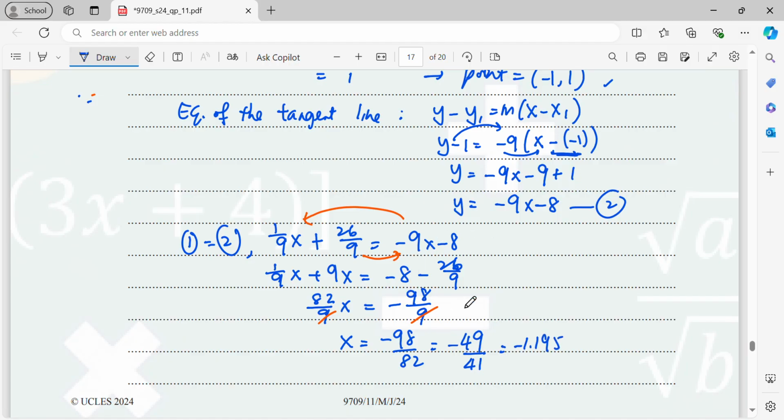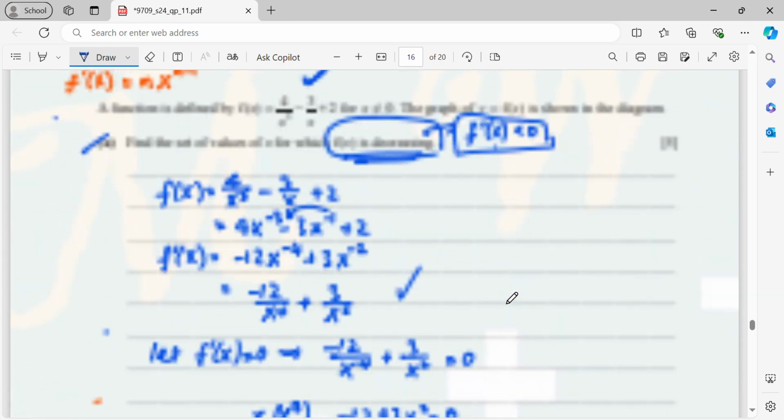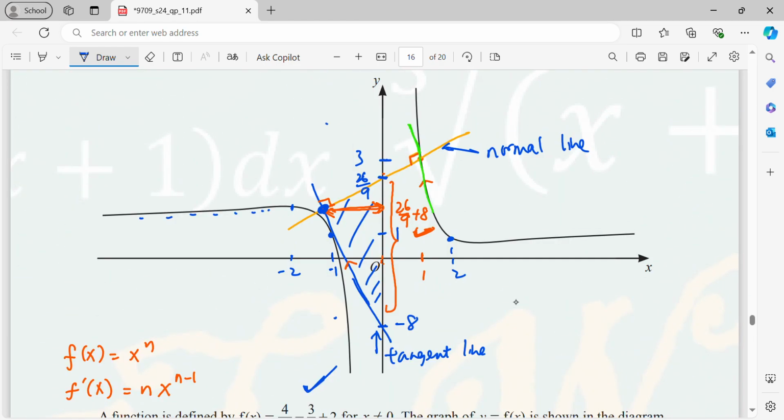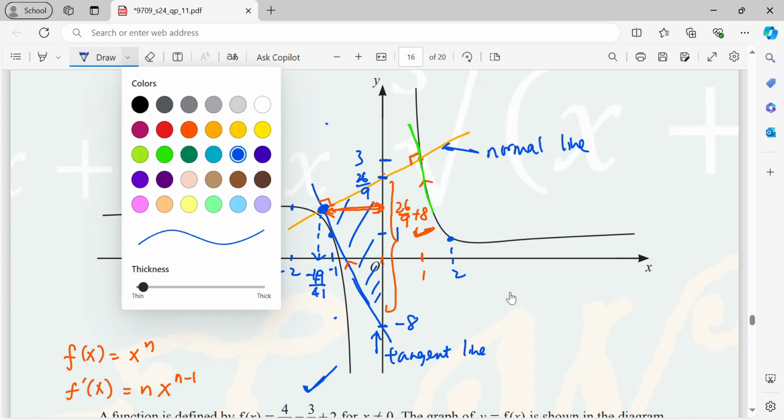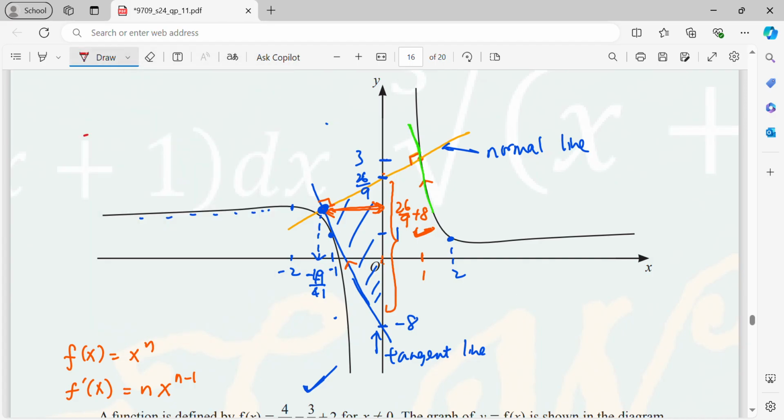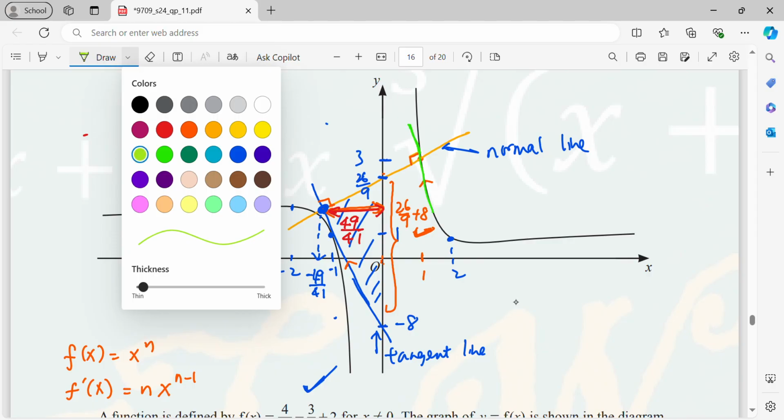Okay, so I will label negative 49 over 41 on my diagram. So this point here is negative 49 over 41, which means this distance is 49 over 41. Now I can easily find the area of the triangle, which is the shaded region, this part.